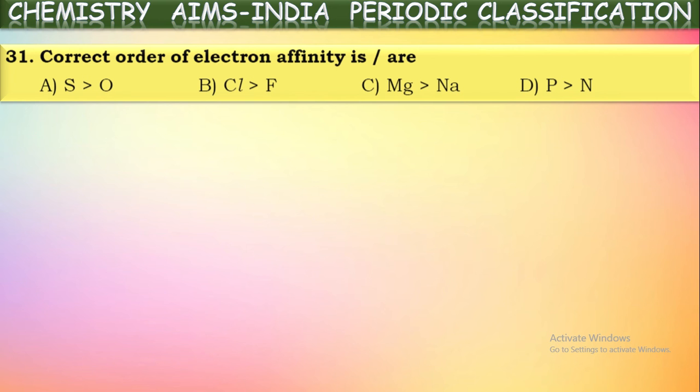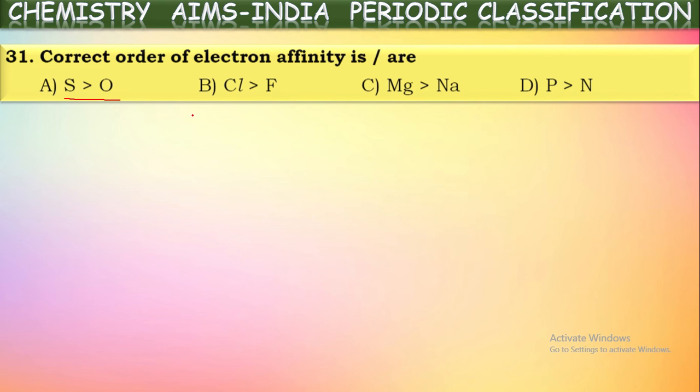But if you see the first option given here, sulfur and oxygen both belong to the same group. If any elements are given in the options to compare the properties, you should identify the relation between the elements given in the options. There will compulsorily be a relation: either they belong to the same group or the same period. In that way, if you observe here, sulfur and oxygen belong to the same group, isn't it?